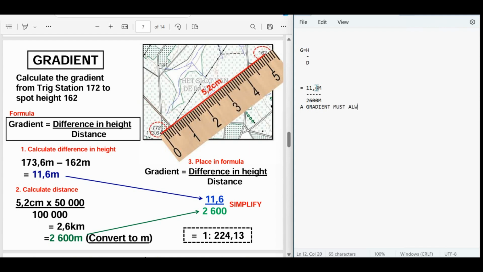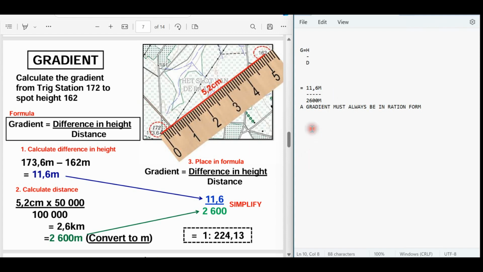Now, the common rule of calculating a gradient is that it must always be in ratio form. This is how a gradient must always be. So how do we take the 11.6 meters divided by 2,600 meters to a ratio? We divide both sides of the ratio by the height. We know that the height that we got is 11.6 meters.